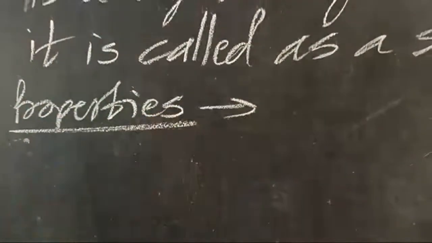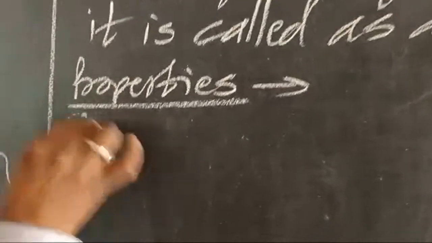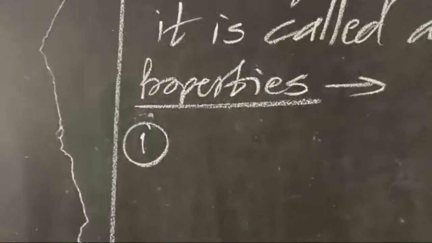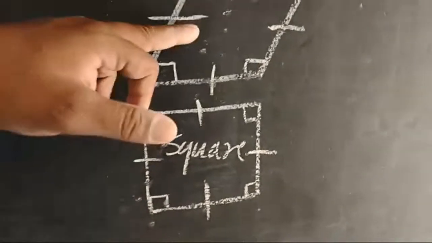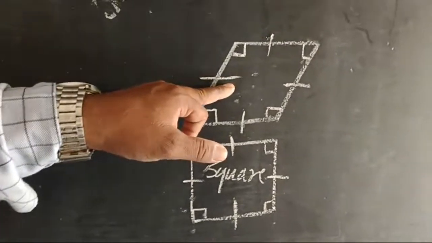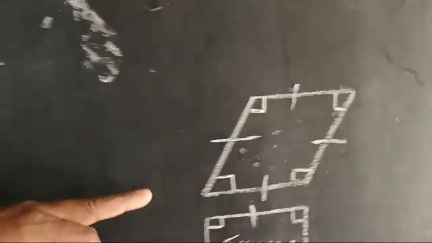Properties of square. First property. All properties of a rhombus are satisfied by a square. Which property do we write here?